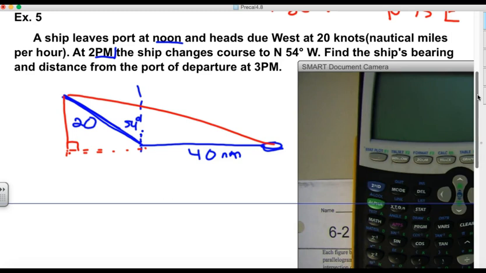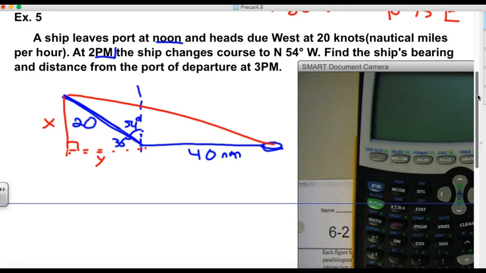So let's call one side X and one side Y. All right, so we know that this bearing measures 54. Well, if it's 54 from here to here, it's got to be 90 all the way down. So this other angle down here has to be 36. Right? So now we can use that with the 20 to find X and Y.